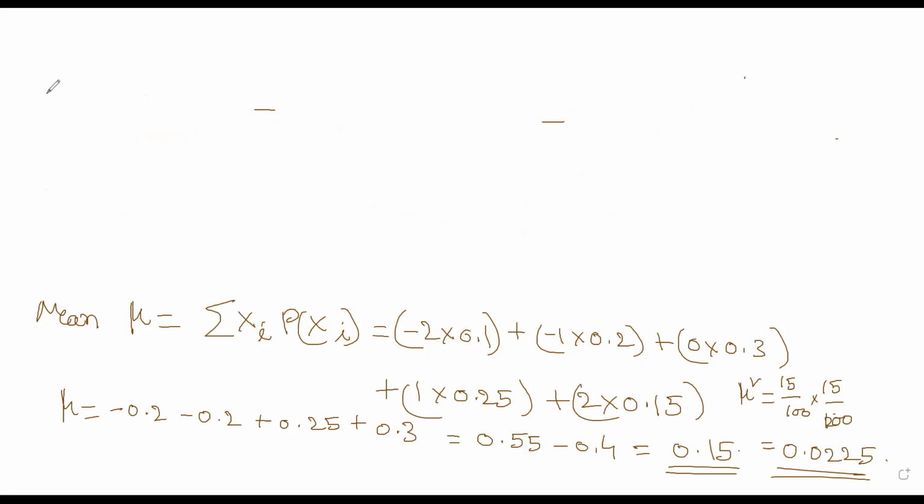So sigma square is E of x square minus mu square.